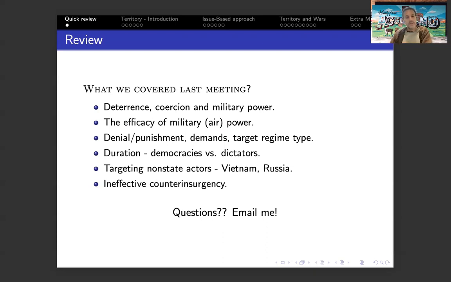It was effective in some cases when applied against mostly military targets, but in the context of insurgents, it's much harder to distinguish between military targets and civilians, because the insurgents are integrating themselves within the civilian population. So that was part of the problem, and that was the main finding.